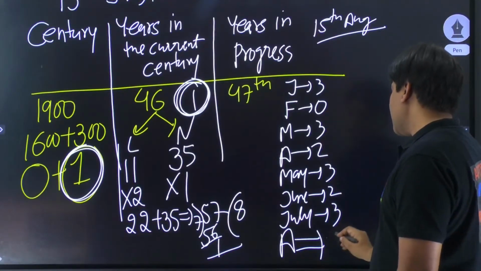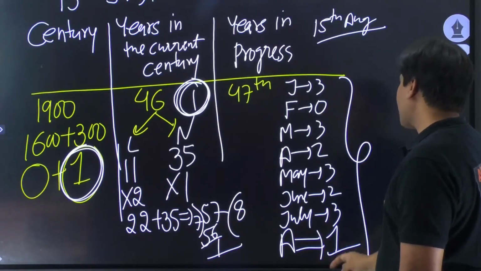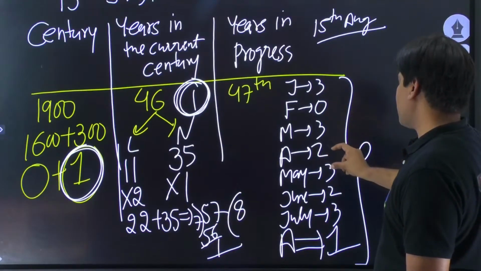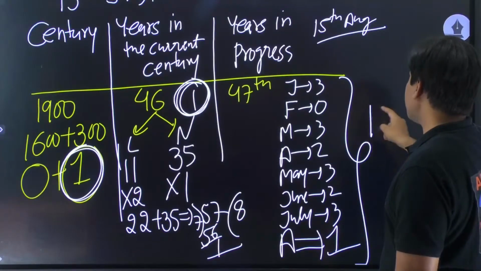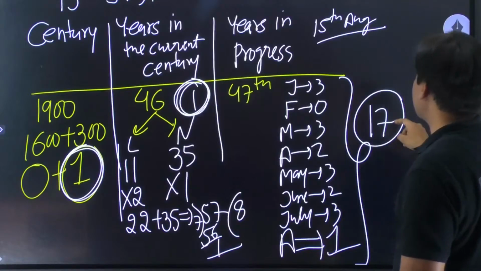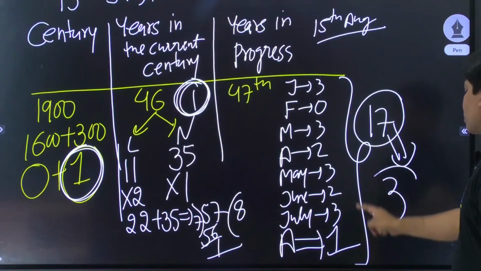Only 15. So 15 should be divided, and what is the answer? 1. Add them up. Tell me what is the answer? 3 3 6 6 2 8 3 11. So 17. 17 should further be divided by 7, and this value is going to be 3.